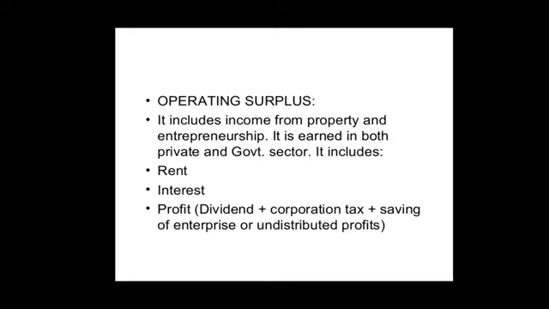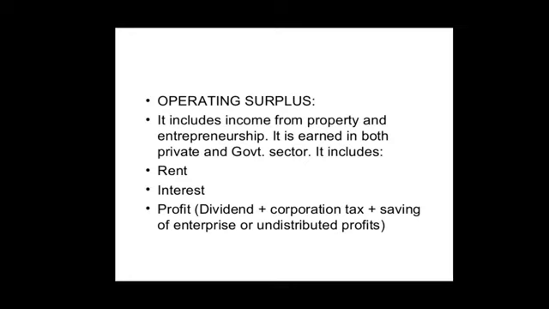It includes rent, which is that part of national income which arises from ownership of land and building; interest, which refers to amount received for lending funds to productive units; and profits, which is the reward to the entrepreneur for his contribution to the production of goods and services.